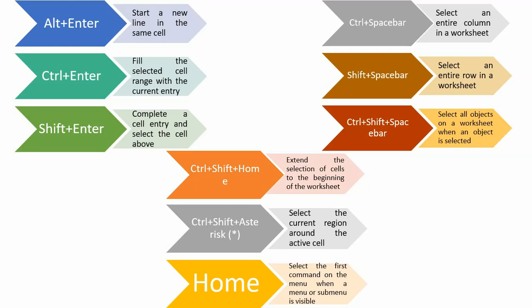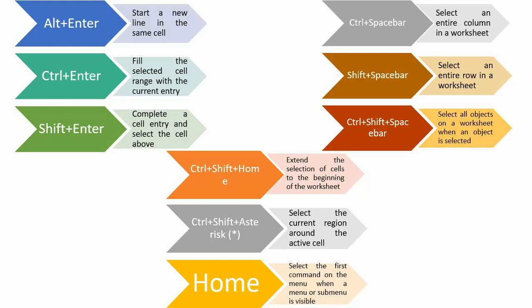What if you want to select the entire column in the worksheet? Ctrl plus spacebar. Select the entire row in a worksheet: Shift plus spacebar. Select all objects on a worksheet when an object is selected: Ctrl Shift and spacebar.